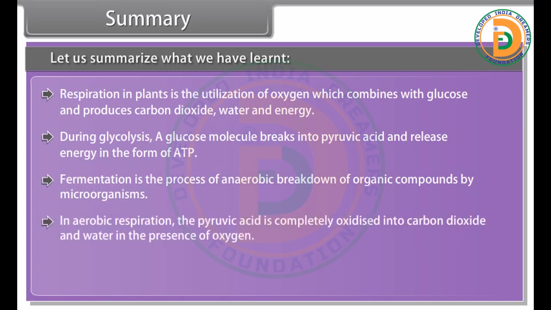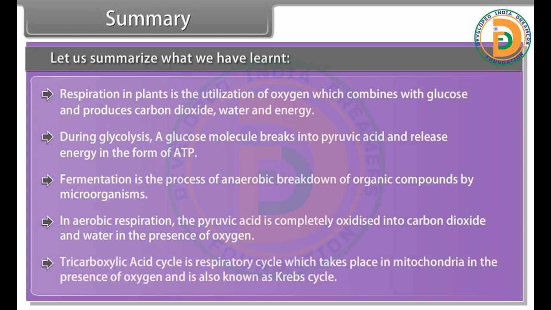In aerobic respiration, the pyruvic acid is completely oxidized into carbon dioxide and water in the presence of oxygen. The tricarboxylic acid cycle is a respiratory cycle which takes place in mitochondria in the presence of oxygen and is also known as the Krebs cycle.